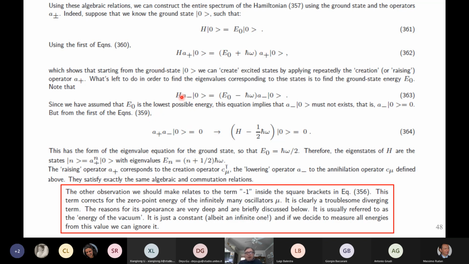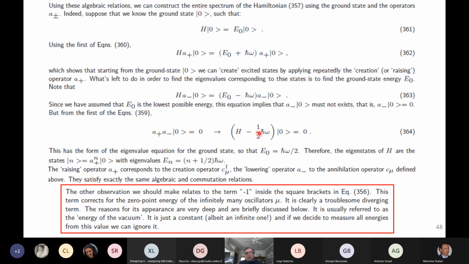Vice versa, if I look at the action of the operator A minus on the state 0, I see immediately that it doesn't exist, because it lowers the energy by an amount h bar omega. But since we have assumed that this is the ground state, there can be no state which has an eigenvalue less than E0, which means that A minus 0 is equal to 0.